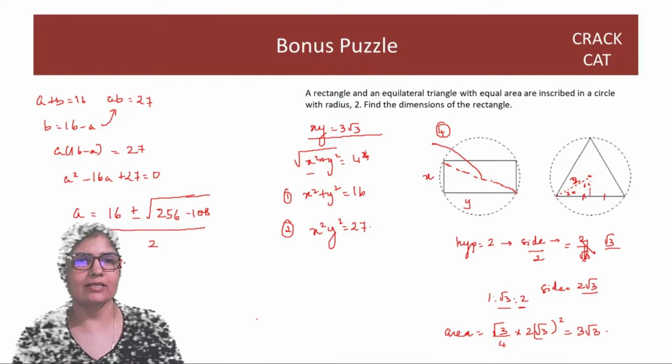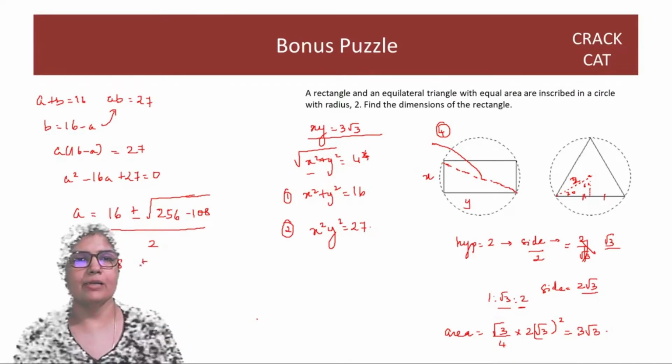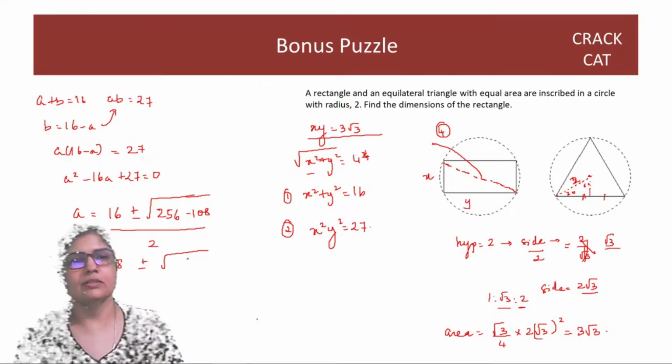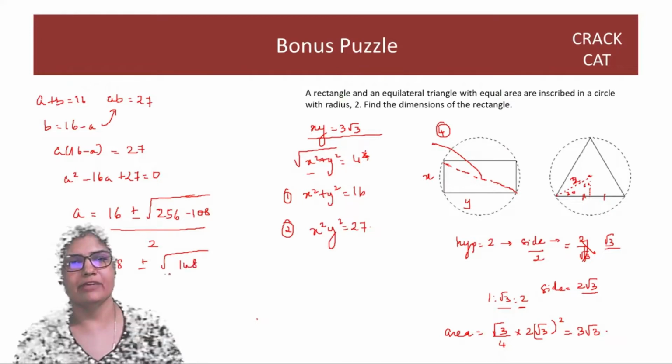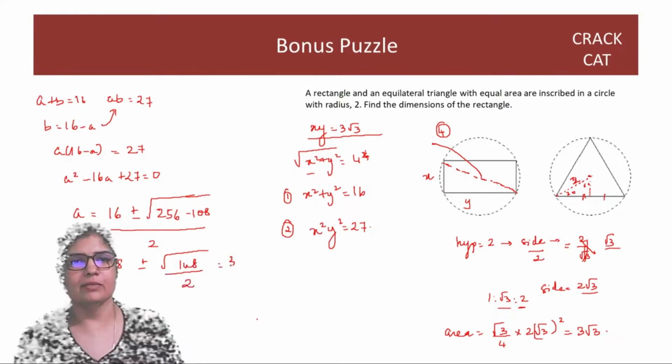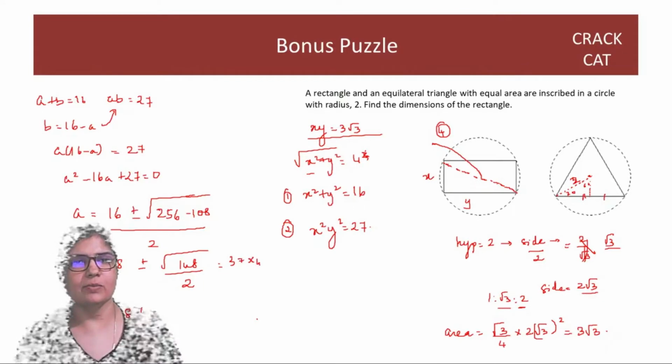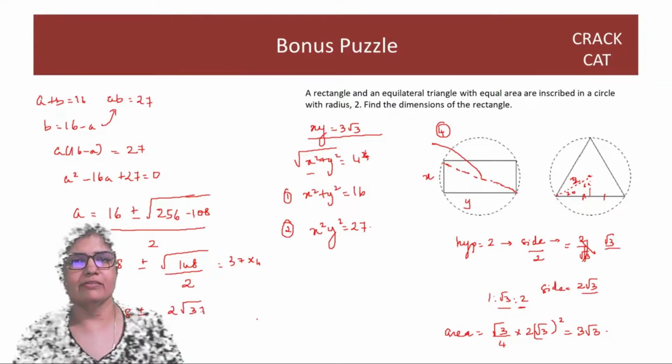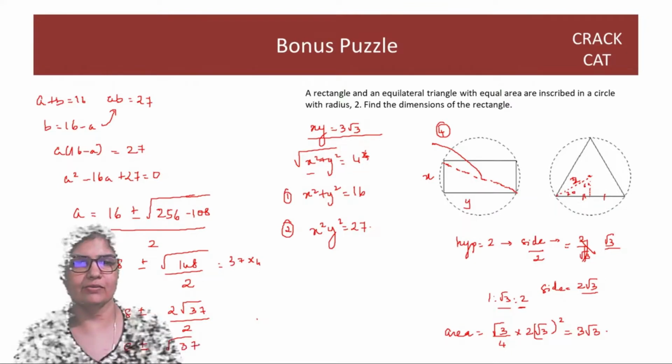So it's going to be 8 plus minus root of 148 divided by 2. This is nothing but 37 into 4. So it is going to be 8 plus minus 2 root 37 divided by 2, which is 8 plus minus root of 37.